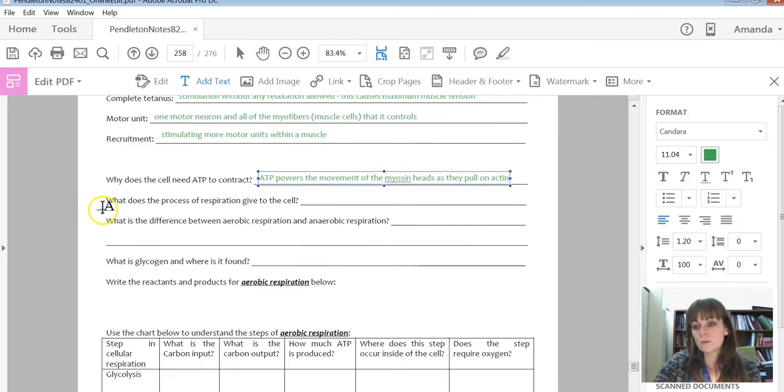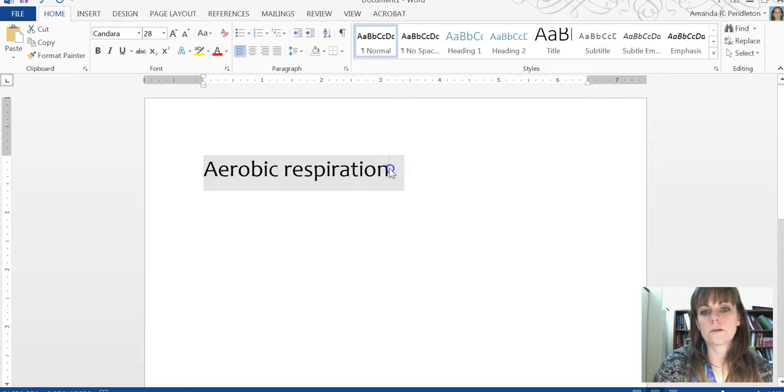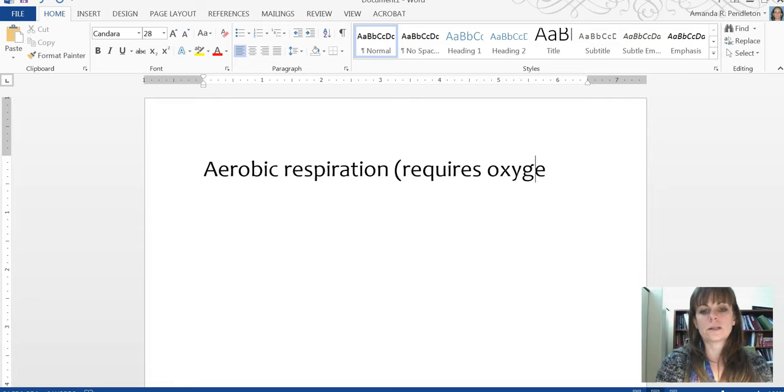Okay, so we have this process called cellular respiration that is going to give a cell ATP. And just to tell you what that is, there's a thing called aerobic respiration, which requires oxygen.